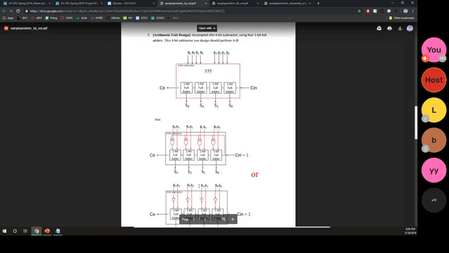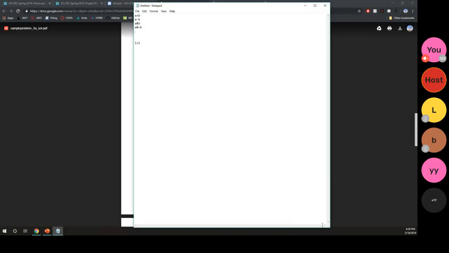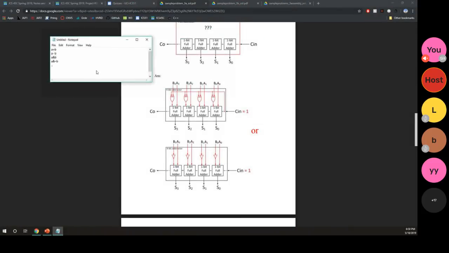Okay, so if we have 2 binary numbers, let's just say like 1 and 1, right? If we wanted to subtract these two, and let's say this is A and this is B, then we're going to do the inverse of B. So I'll just write the inverse out real quick.